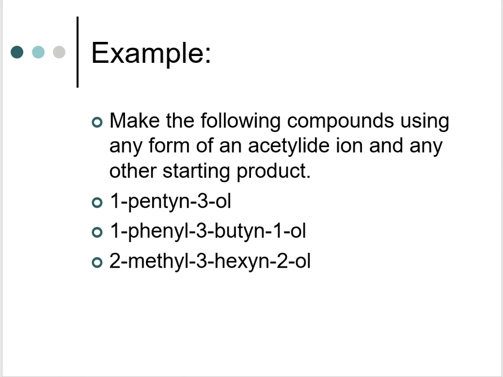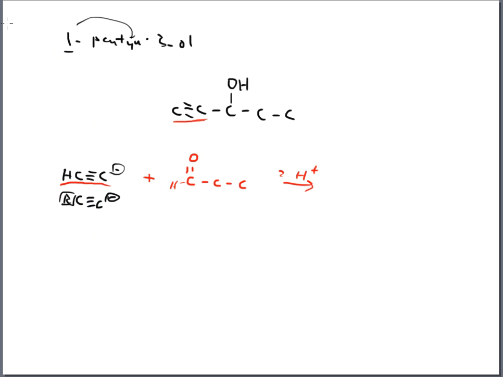The second example says 1-phenyl-3-butanol. It looks like they're giving me something a little more complicated. So 3-butyn is where I want to start: 1, 2, 3, and 4. On carbon 3 of that 4-carbon chain is where my triple bond is going to be. So I'm going to number them 1 on the left, then 2, then 3.